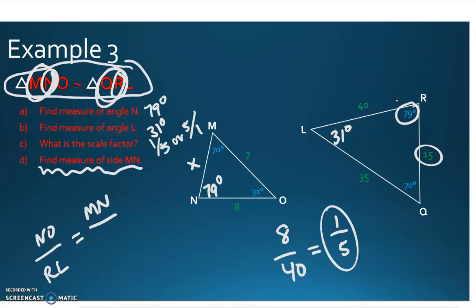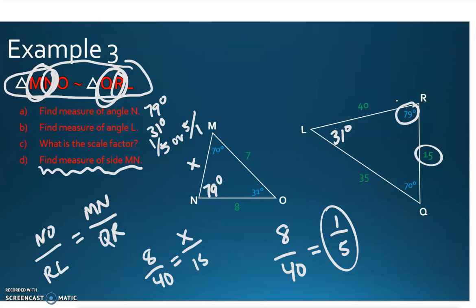So QR, you can see here, is 15. But for right now, I'm going to write QR, and now we'll substitute. So NO over RL is 8 over 40, and that equals MN, which is X. That's what we labeled X. That's what we're solving for.